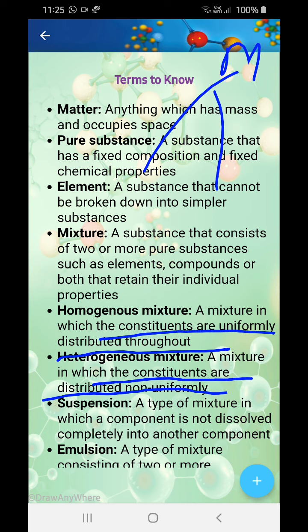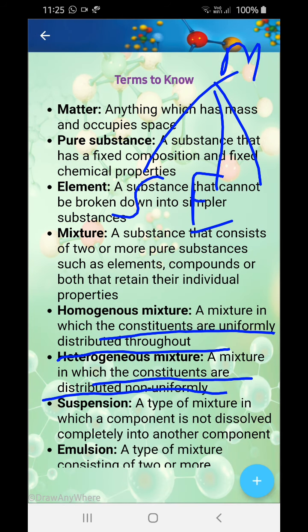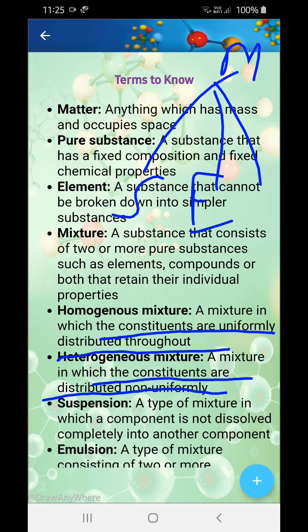Mixtures are further classified into suspension, emulsion, and colloids, etc. Let's see. A suspension is a type of mixture in which the component is not dissolved completely into another component.